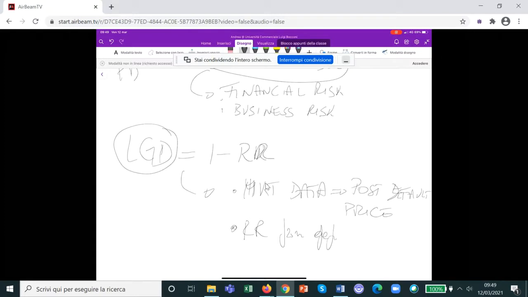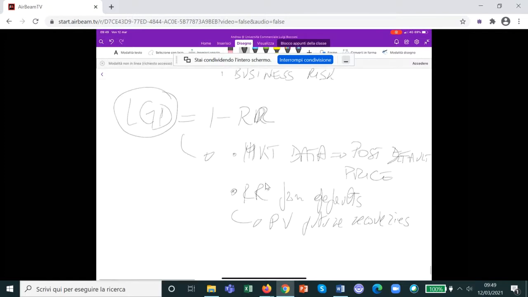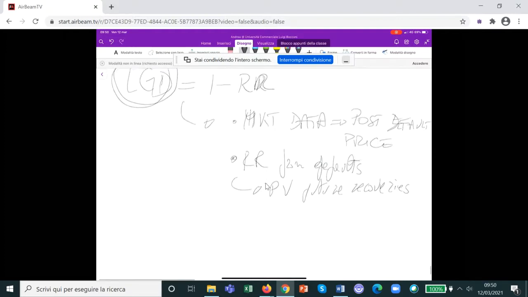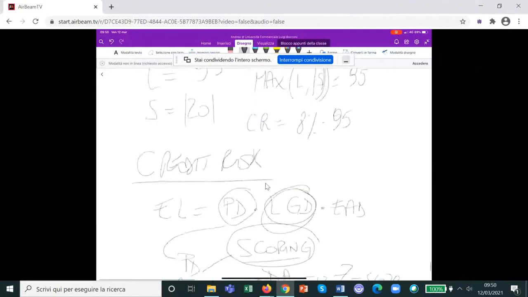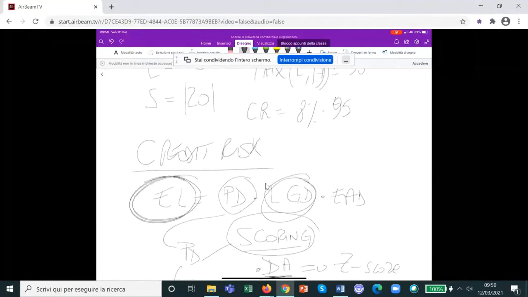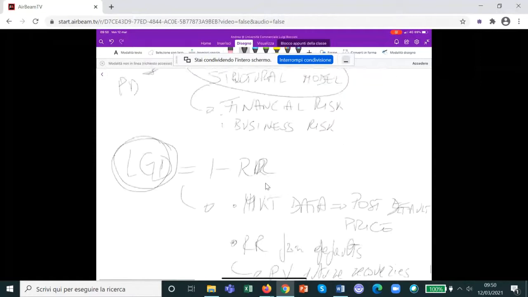So basically what you do is you compute the present value of future recoveries, okay? And so these are the two main parameters we're going to look at: probability of default and loss given default. This is, of course, relevant for estimating the expected loss of a credit exposure.